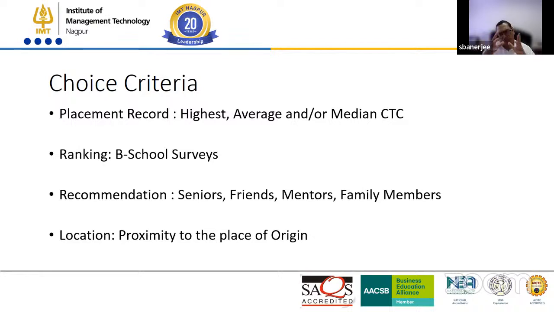There could be many others, but more or less, the first one is definitely the factor. The second, quite an important one. The third and fourth are important criteria that we use in selecting a B school.